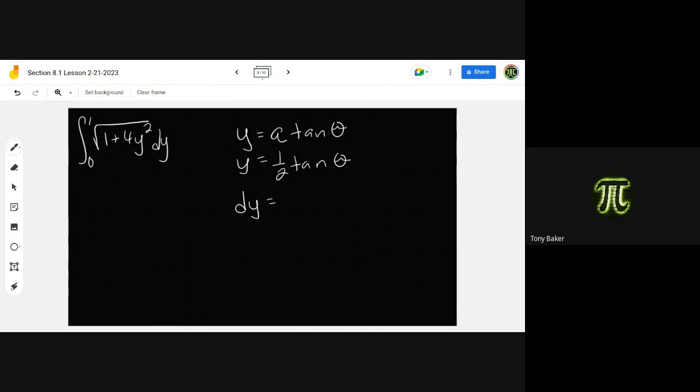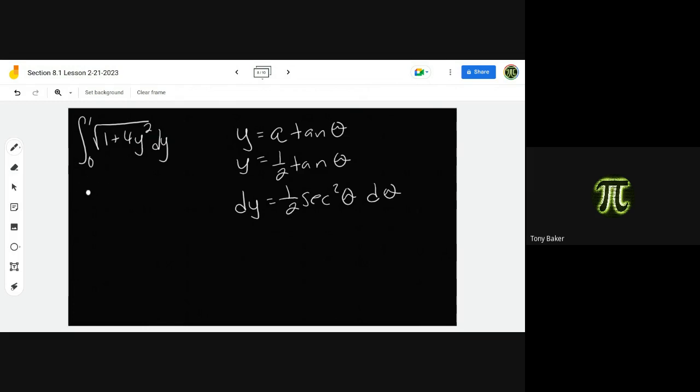What is the derivative of tangent? Secant squared. So I have 1/2 secant squared theta d theta. And let's do our little square root cleanup here, and then we'll plug.